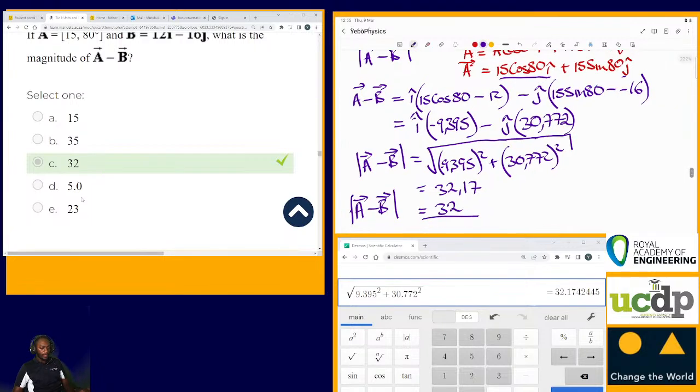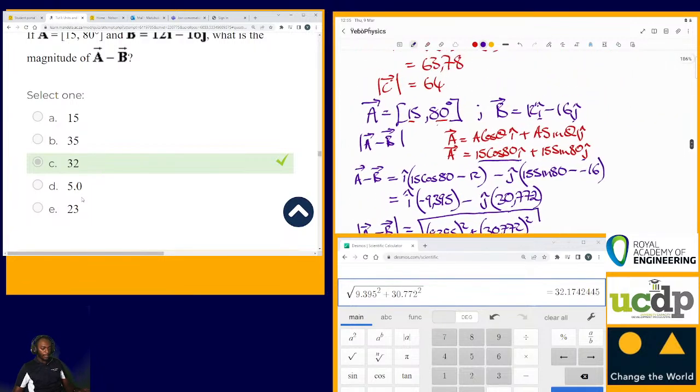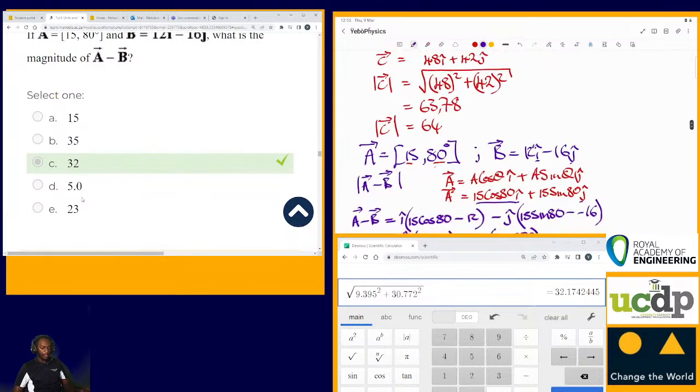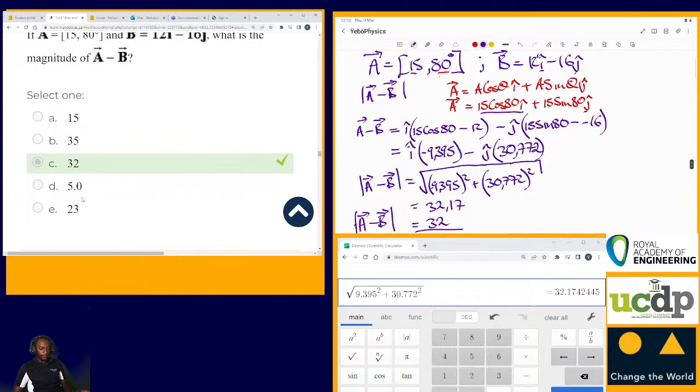So basically what we did there was to first express these two vectors in the same notation.